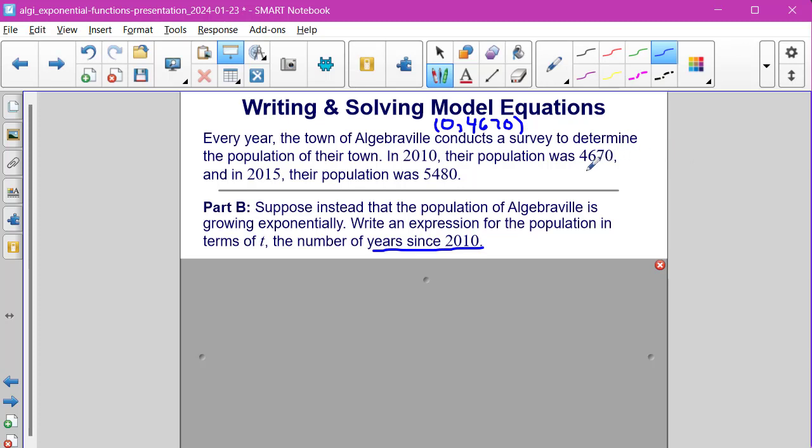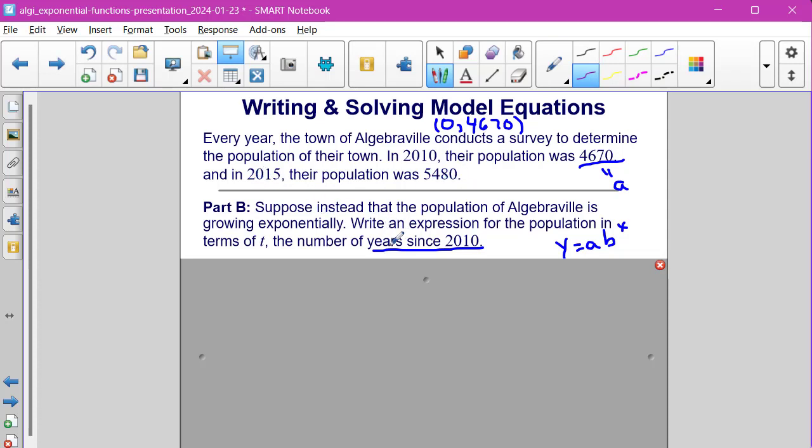In an exponential model, this initial point, or the y-intercept, is also the a value when we're talking about y equals a times b to the x. We have our a value. It's 4,670. We also know in this problem that in 2015, the population was 5,480.